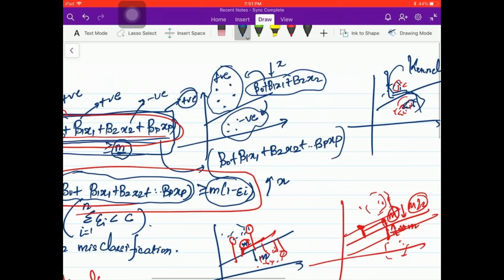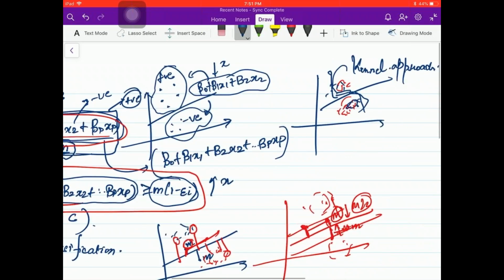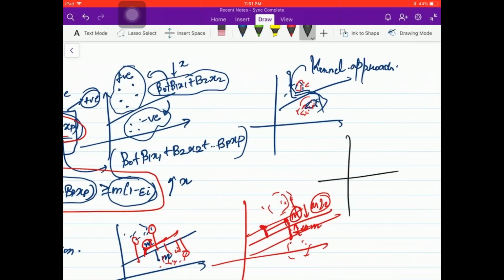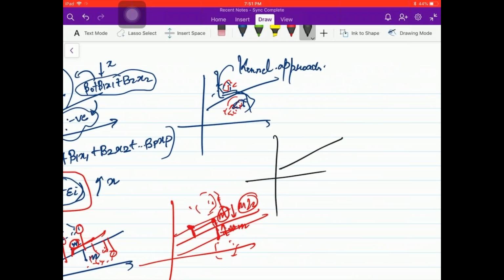For example, what I've said right now is that your line is like this, this is M, and this is M. Each and every point should be greater than M. But what if some points are here, and what if some points are here?